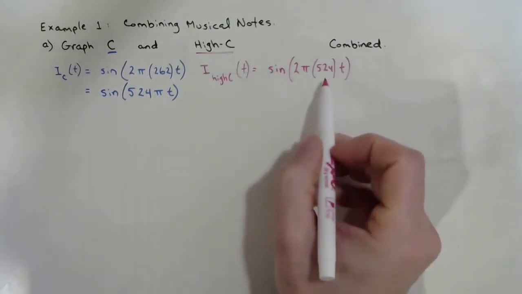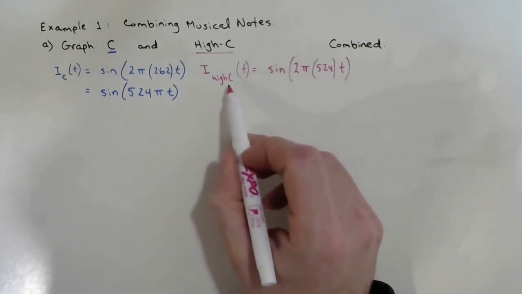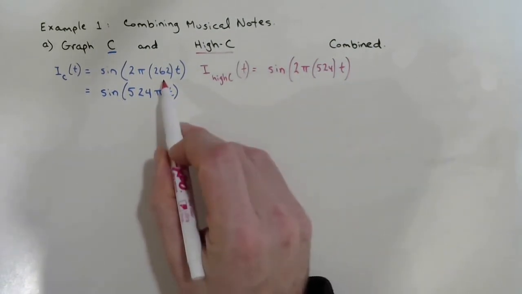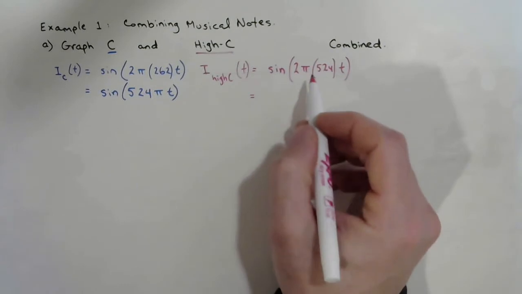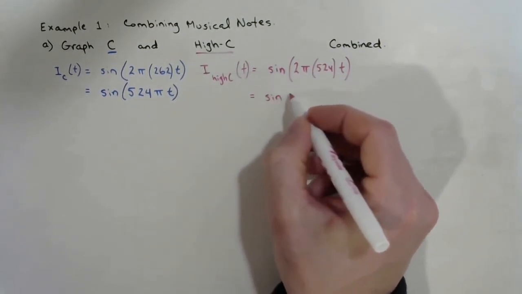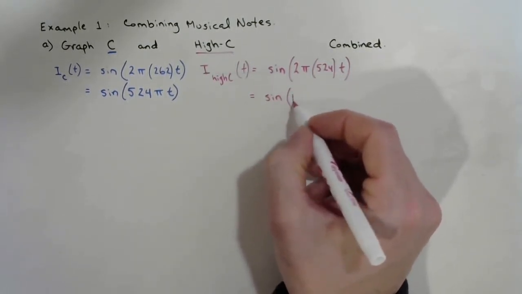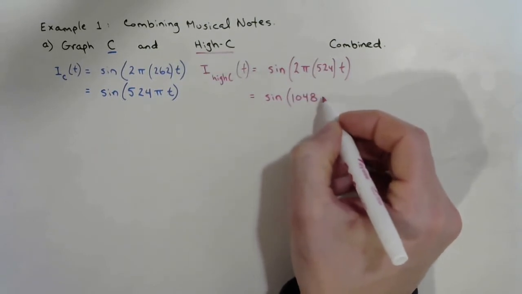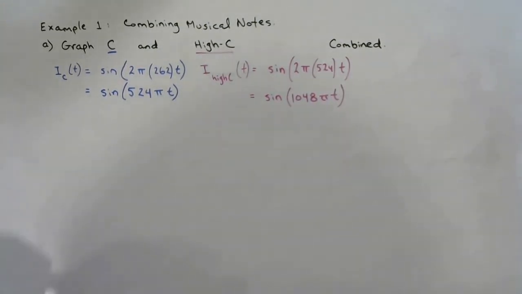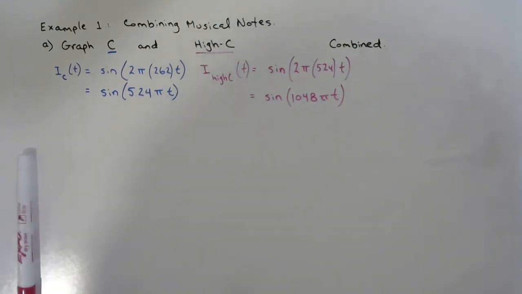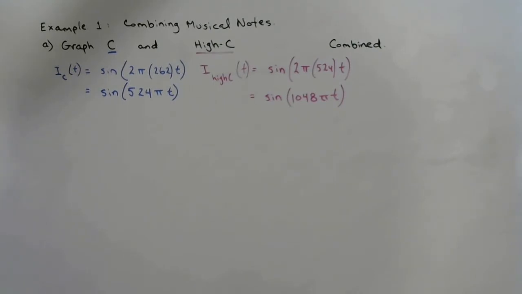And if you're being really observant, you notice that the frequency for high C is twice the frequency of middle C. And I can reduce this, my numerical parts, I can put them together. So we have the sine of 1048 pi t. All right, there we have C and high C. I'm going to get onto Desmos and show what these look like.